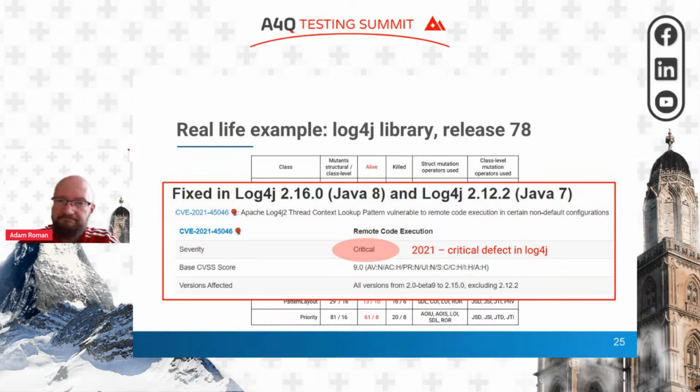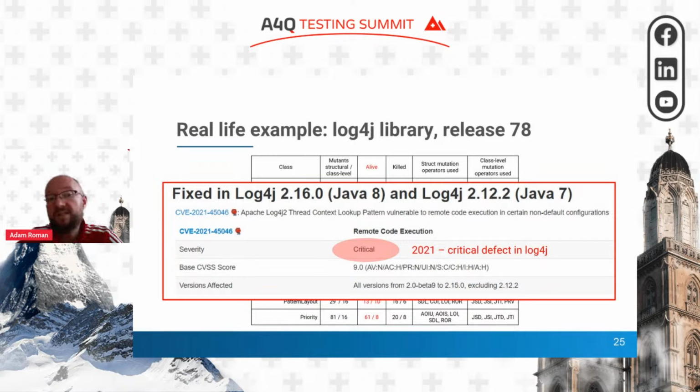A very big critical defect, a security defect, was found in the log4j library, and all software that uses log4j, the teams had to do some hot fixes to fix this problem quickly. So this happens in real life also.